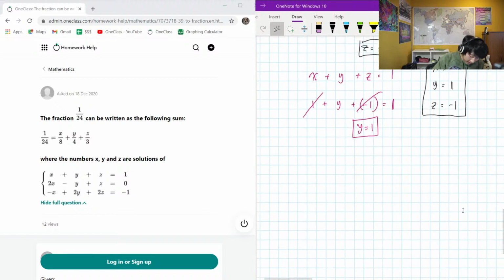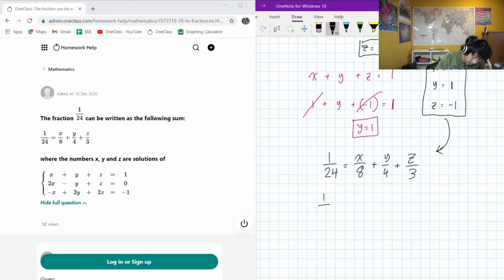the original question was asking us 1/24 is equal to x over 8 plus y over 4 plus z over 3. And now I want to sub these in to check if this is actually true or not.